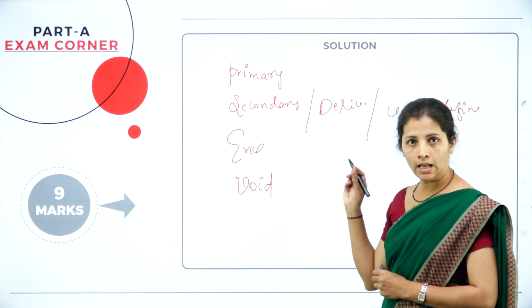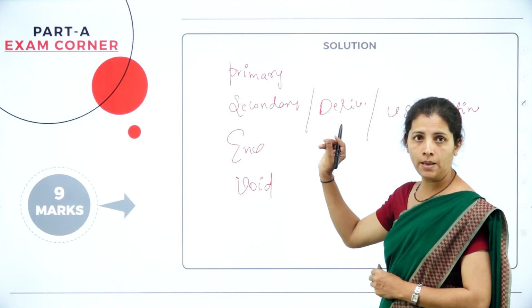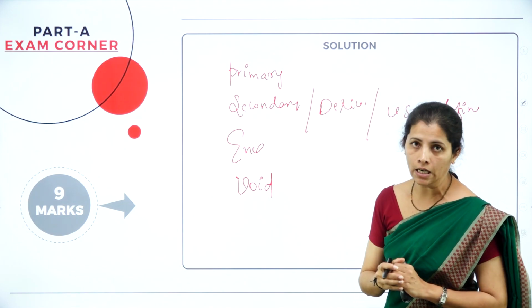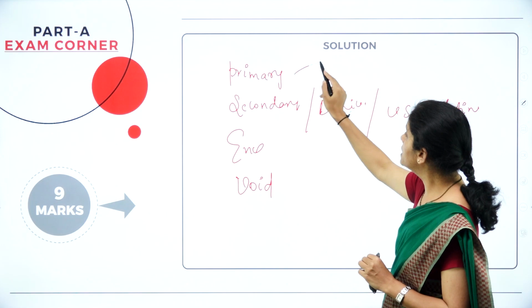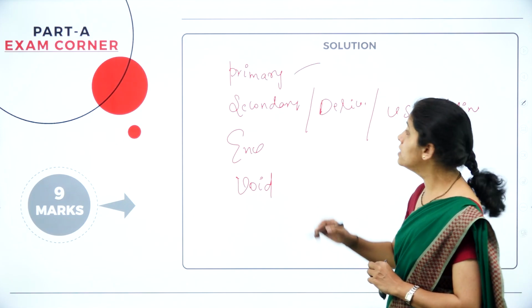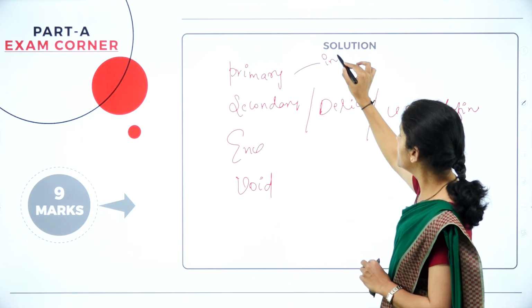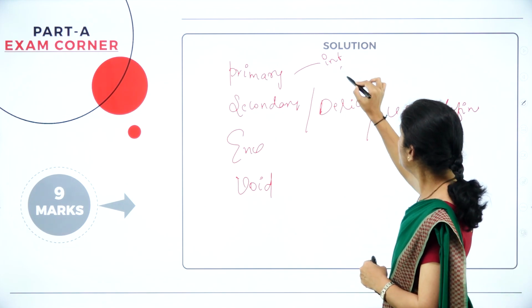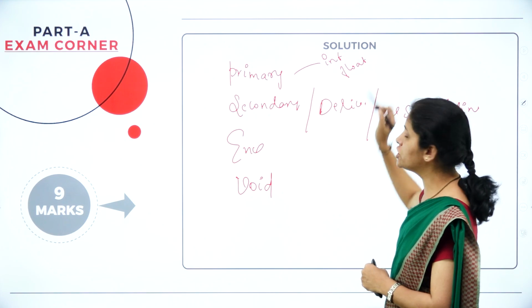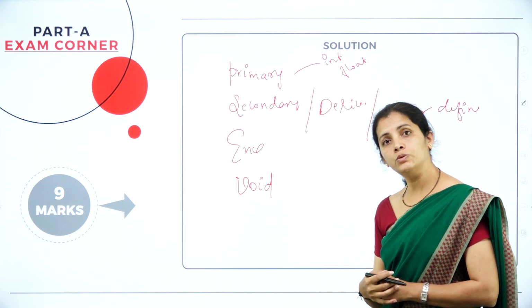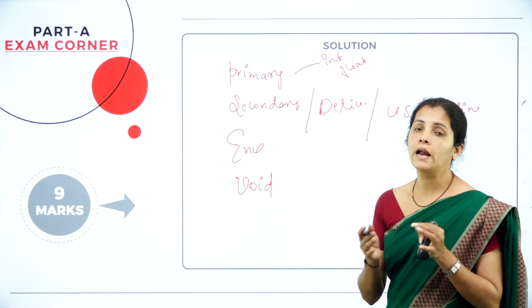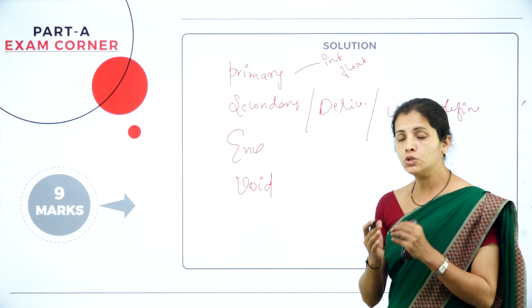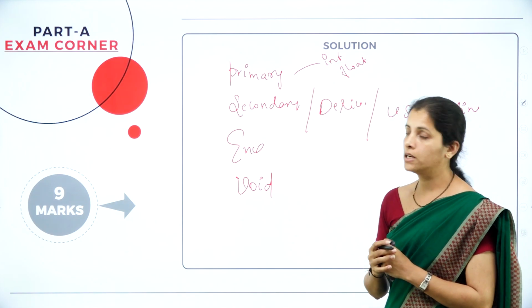So dear student, if I consider the primary data type, it's nothing but the built-in data type. Which are the built-in data types I can have here? That is integer data type, used to store whole numbers; float, used to store fractions; character, used to store a single character; and string, used to store a collection of characters.